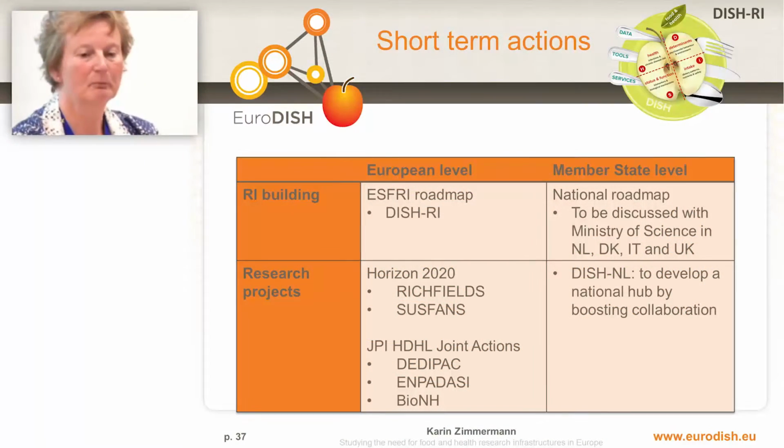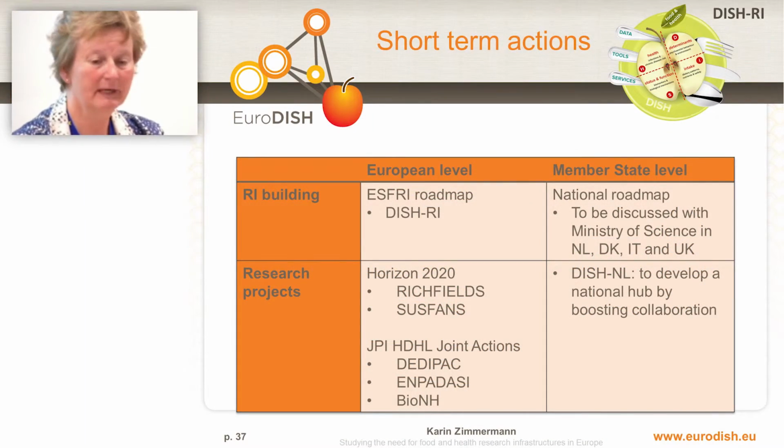If we look at it from an overarching perspective for the DISH RI, we have a European level and a member state level. We have a part that is building the DISH RI and a part that is more described as research projects, which are all interrelated.